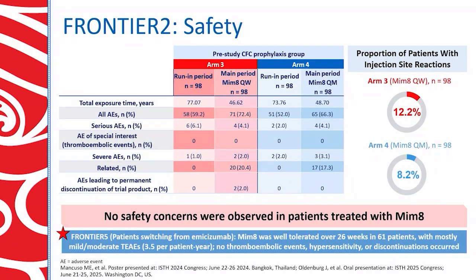Looking at safety, and I want to shorten this, I think the AE of special interest is the occurrence of thromboembolic events, and in both arms, the weekly as well as the monthly treatment arm, no thromboembolic events could be observed.